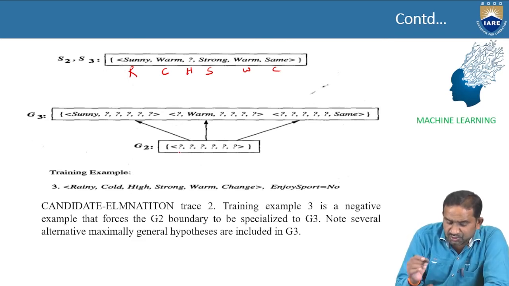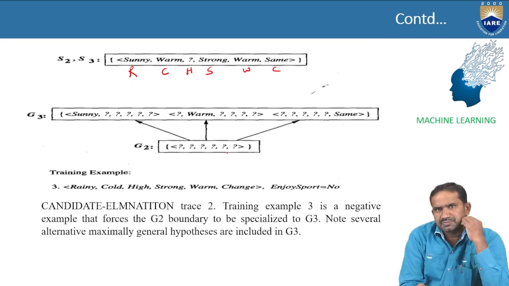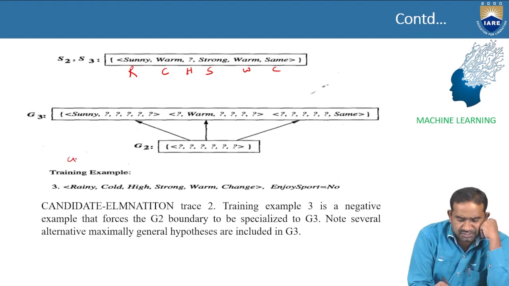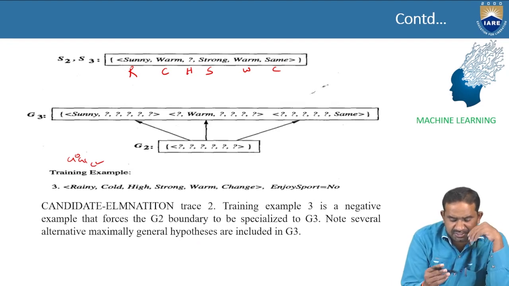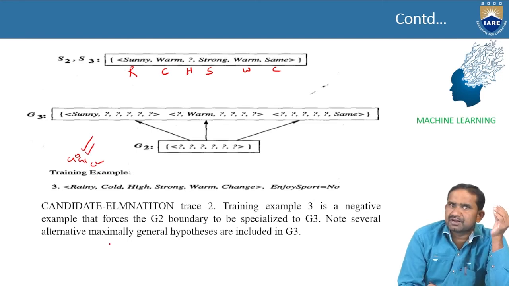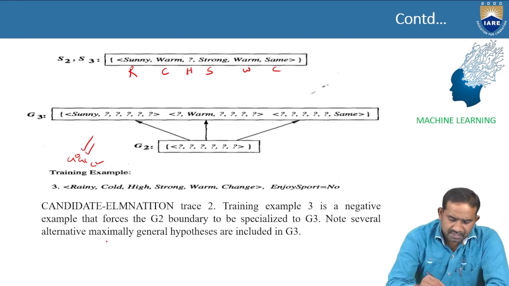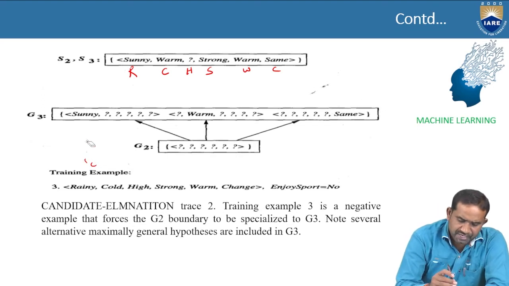G2 is all question marks, because up to the third step there is no specialization. G0, G1 and G2 are the same up to S2. But after the third example, G1 is the first specific hypothesis and G2 is the second specific hypothesis, and we compare with these.